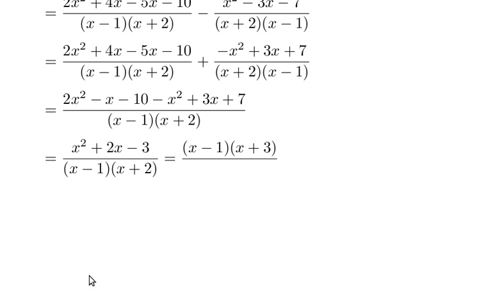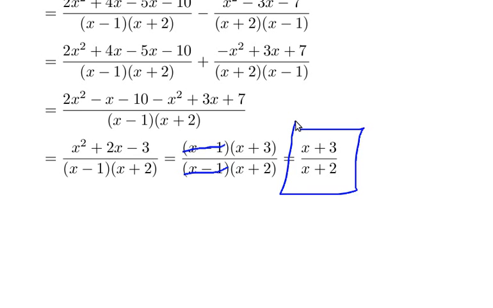And this stays the same. X minus 1 times x plus 2. Now we have something that we can cancel. We can cancel this x minus 1. So our final answer then will be x plus 3 over x plus 2. This will be our final answer.